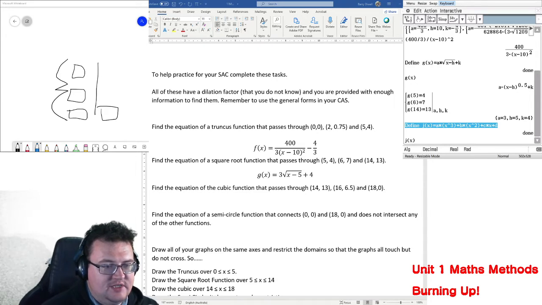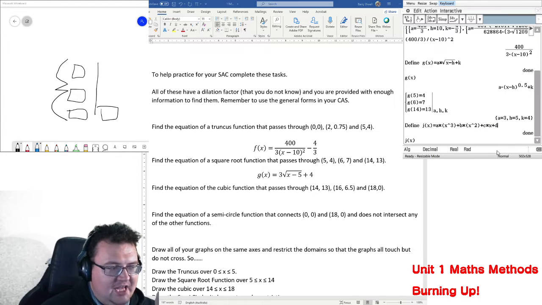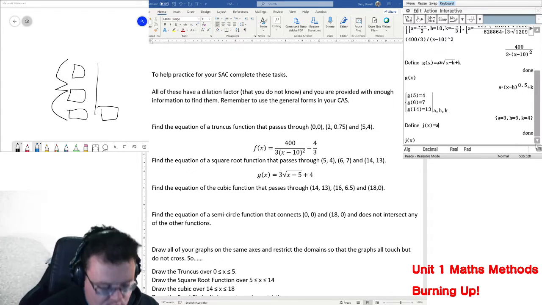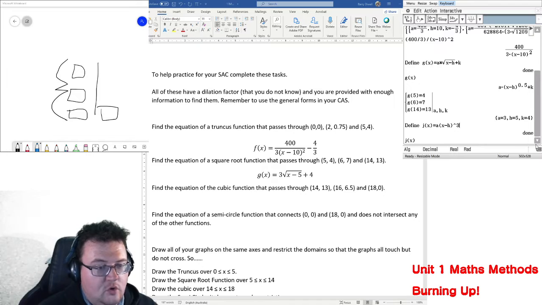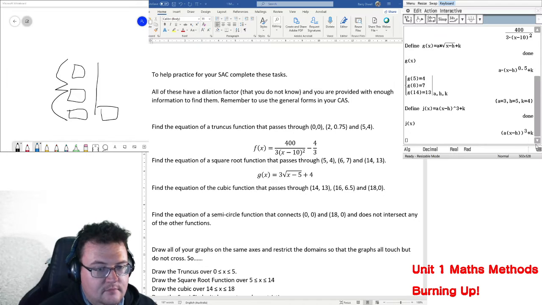So what I have to do instead is, what form of a cubic do I know that only uses 3 pieces of unknown information? Well, that is what is called inflection point form.